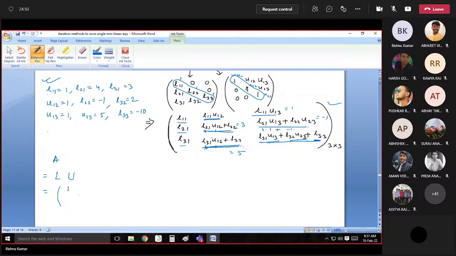Both diagonals. L21 is 4, L31 is 3, L33 is minus 10, L32 is 2, isn't it? This is 0, this is 0, this is 0. That is the L matrix.